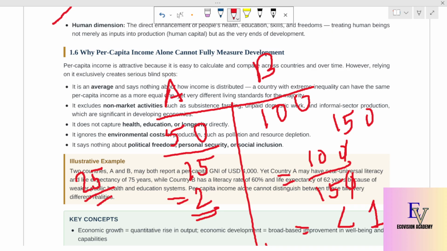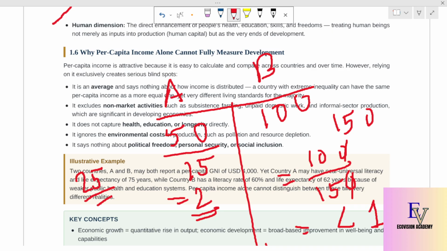If we divide rupees 100 by 4, each of us is earning rupees 25, so the country's per capita income is 25. So we can measure that a country may have a very large GDP, but when we divide it by the population, we get a low per capita income.